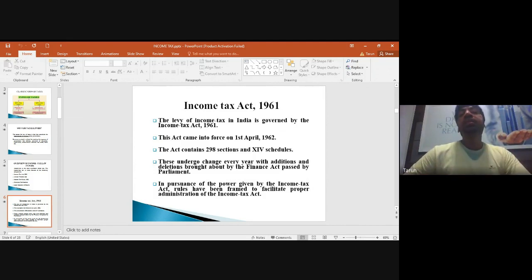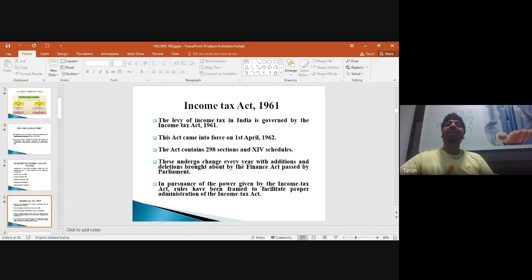So the next is, this act is always changed every year with some additions and some deletions. Every year some new formulations and new policies are developed in this act. Such an act comes under the Ministry of Finance and is always passed by the Parliament of India, right?